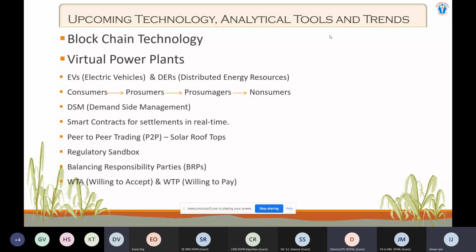Some consumers will be ready to accept the power cut and will get an incentive, and the person who doesn't want the power cut will pay a higher price for that electricity. All this will be managed by the balancing responsible parties or the aggregator, and it can be done by the use of blockchain technology or normal technology also, but you need to have the virtual power plant. Blockchain technology has its own advantages that we will discuss in the coming slides.